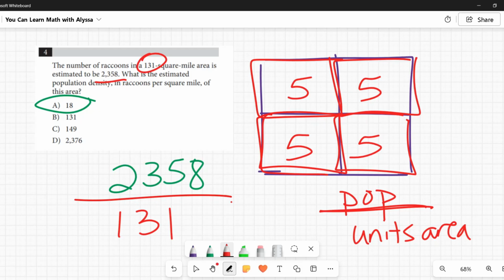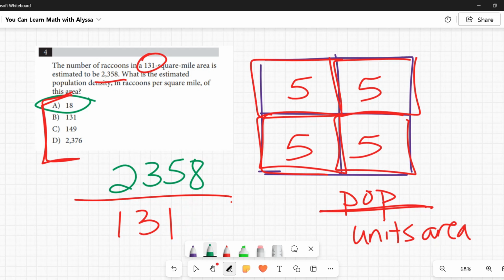I would say if you wanted to do a quick guesstimate, given the 4 answers that are here, 18 is the only one that makes logical sense, even without putting it in a calculator, because we have 131. If I was to multiply this by 10, right, 131 times 10, I would get 1,310. If I multiplied it by 20, it would be twice that, which would get me up to 2,620.